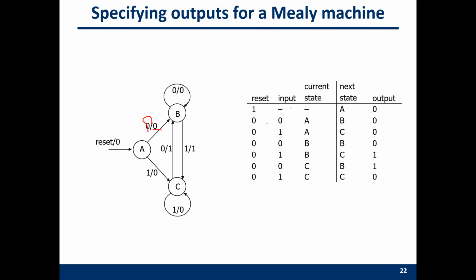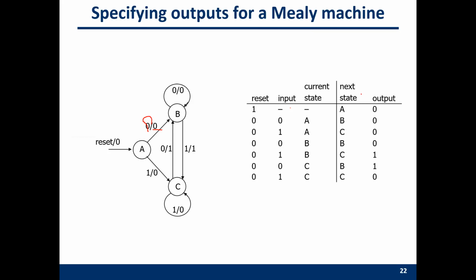So when the current state is A, assume reset is a 0. Assume the input here is a 0, then you will go to B. The output here is a 0. When the input is a 1, then you will go to C. The output here is a 0. So you can convert this finite state machine to this table.